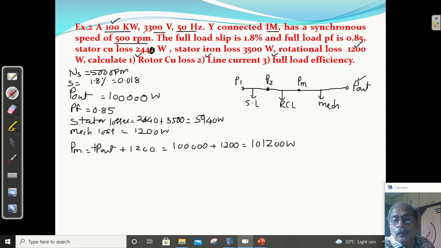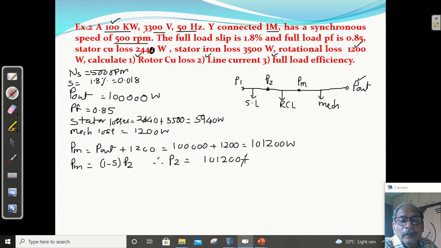So once we know PM, equal to 1 minus S into P2, we can calculate P2. P2, that is the rotor input, equal to PM, that is 101,200, divided by 1 minus slip. 1 minus S is 0.018?